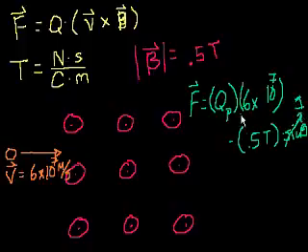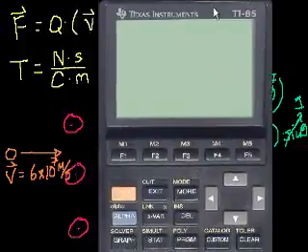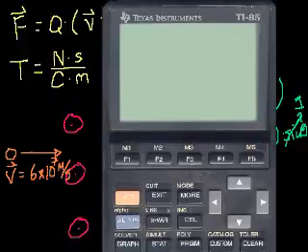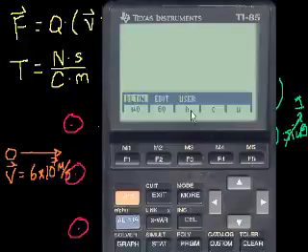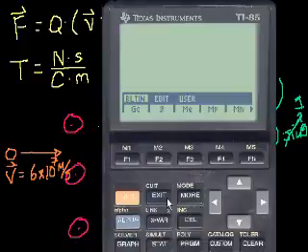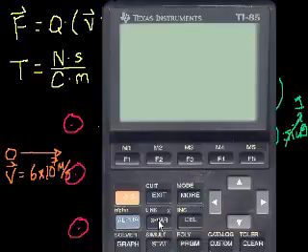So the magnitude of the force is actually pretty easy to calculate if we know the charge on a proton. Let's see if we can figure out the charge on a proton. Let me get the trusty TI-85 out. Let me clear this just so you can appreciate that the TI-85 stores it.